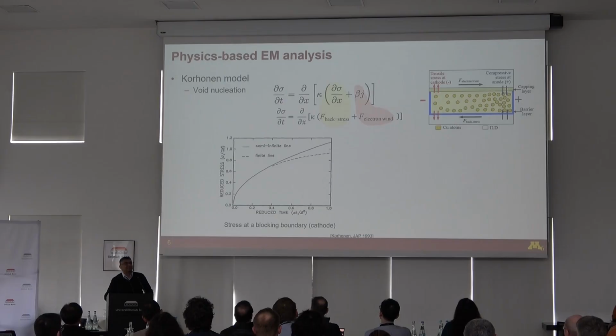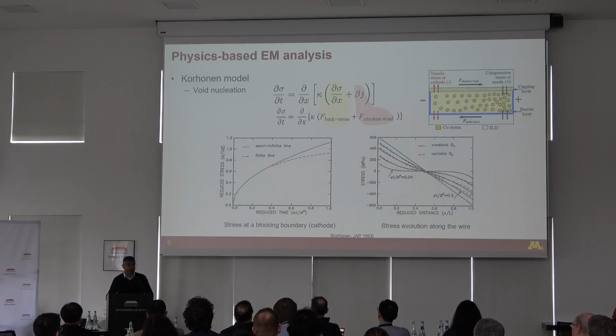So this was analyzed by a guy called Korhonen in 1993, and actually many people before that too, but he wrote a really nice formalization, and he had some nice interpretations of this. If you have a semi-infinite line, then the stress builds up on the line over time at the cathode, and at some point it's going to go over the elastic limit, and the wire will break.